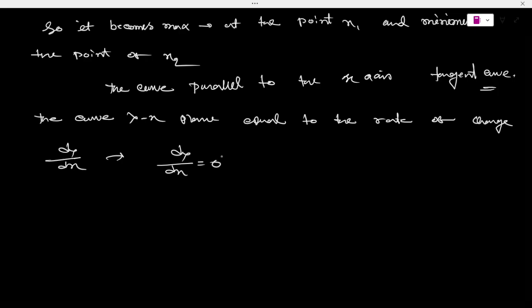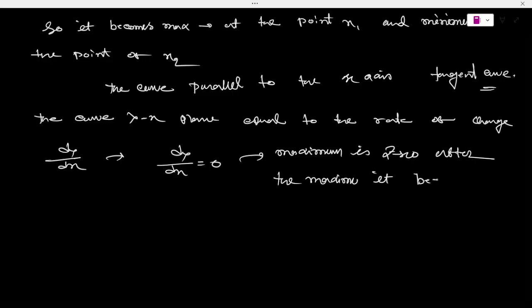Just before the maximum the slope is positive, at the maximum it is 0, and after the maximum it becomes negative.